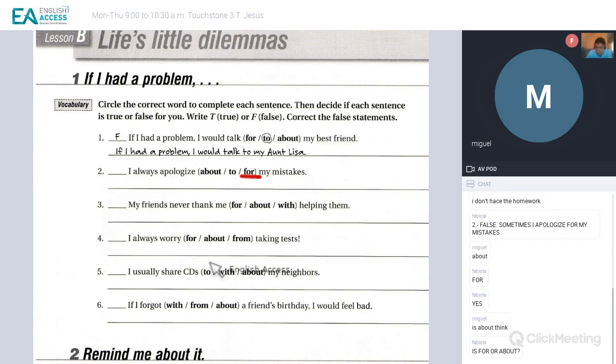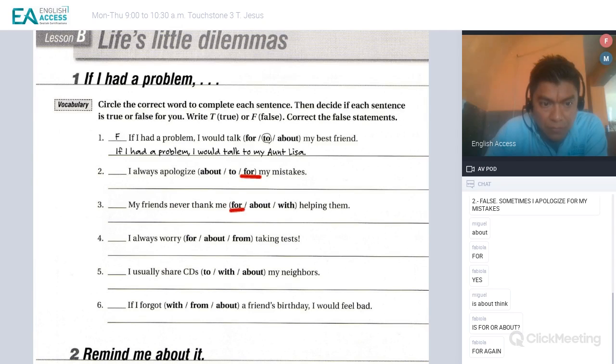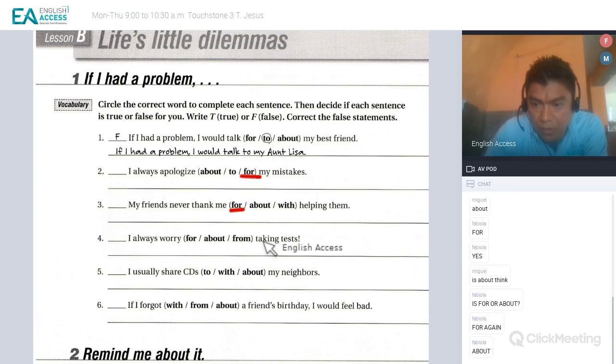Yes, sentence 3. Number 4. It's from. It's worry about.